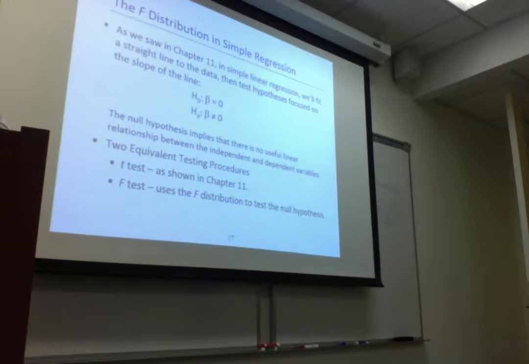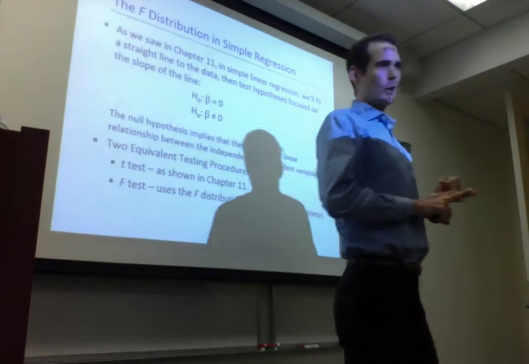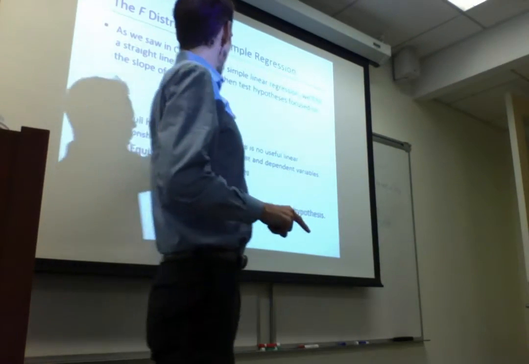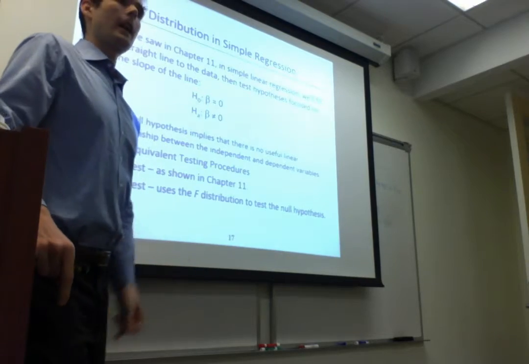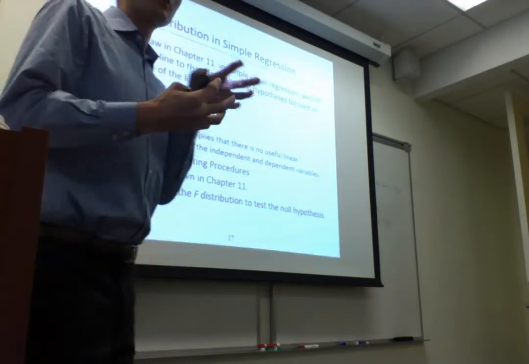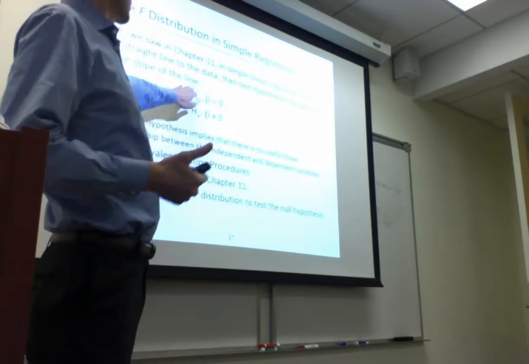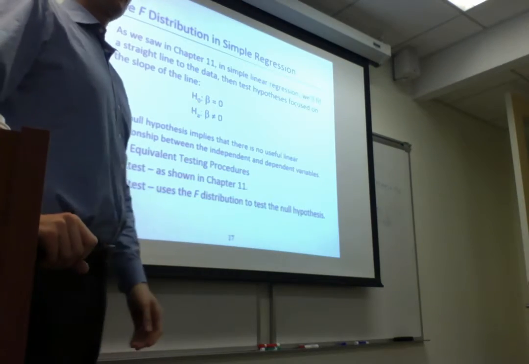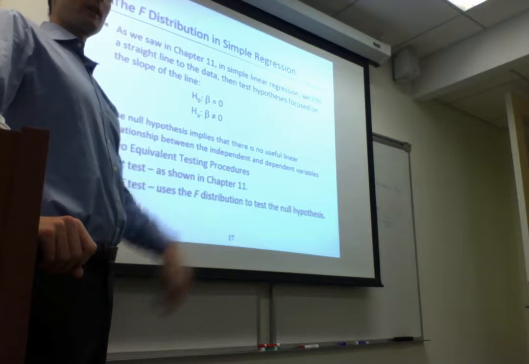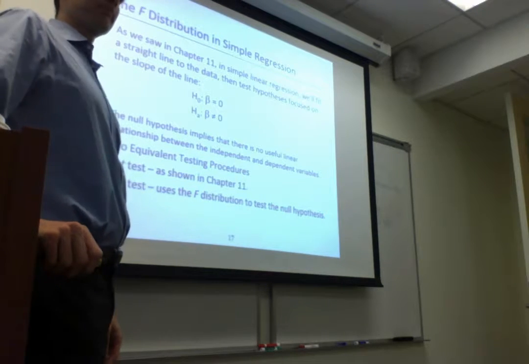I'm also going to assume that turnovers per game has nothing to do with win-loss percentage. That is my null hypothesis. If when I calculate the F statistic I have overwhelming evidence to the opposite, I'm going to reject that and say the alternative hypothesis is true. There is a useful relationship there.